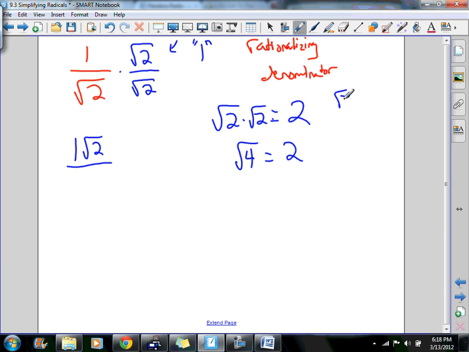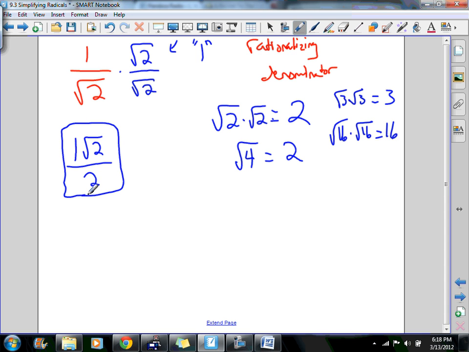Same thing, the square root of 3 times the square root of 3 is 3. The square root of 16 times the square root of 16 is 16. So this ends up being the square root of 2 over 2. You always will multiply by that square root on the top and the bottom.